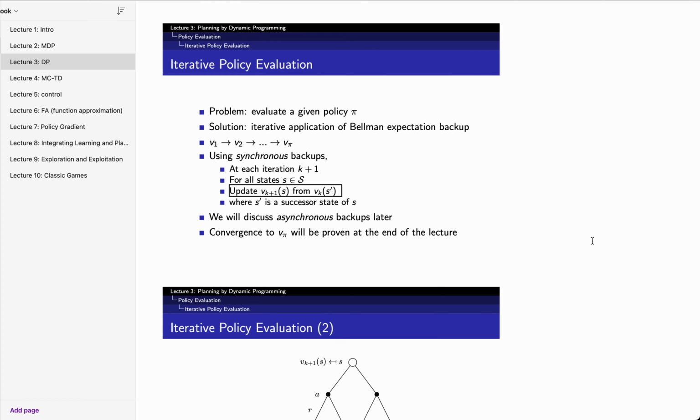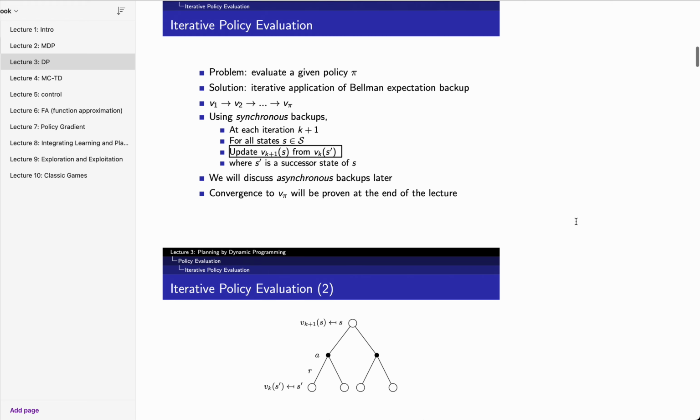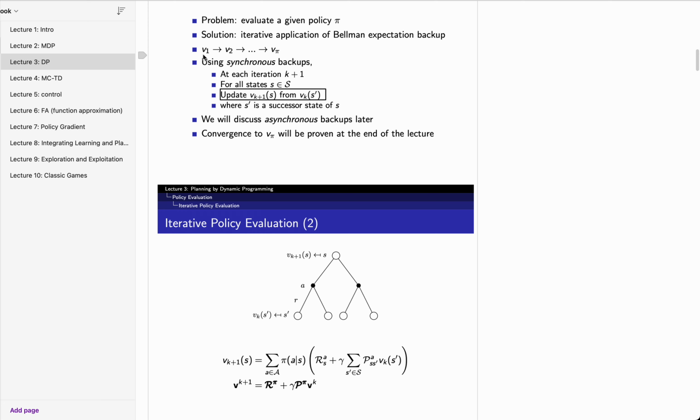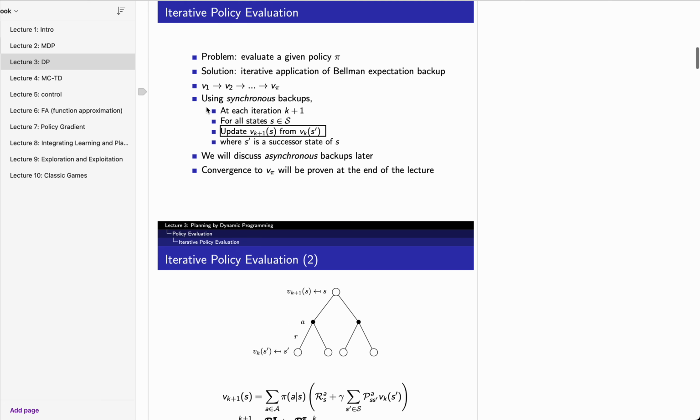Okay, policy iteration. The first part of policy iteration is policy evaluation. The problem is to evaluate a given policy. The solution is iterative application of Bellman expectation backup. It's going to iterate from v1, v2 all the way to v pi.